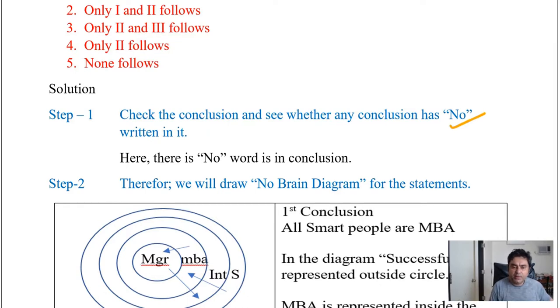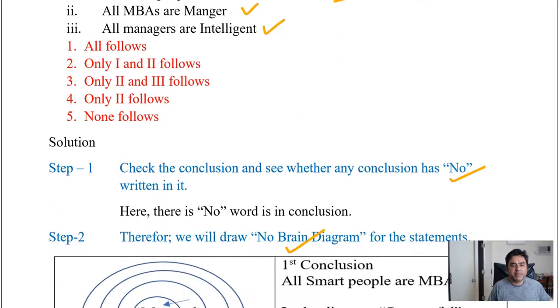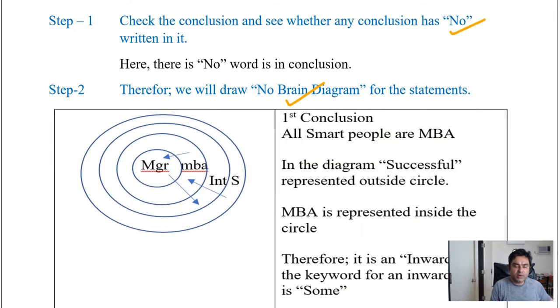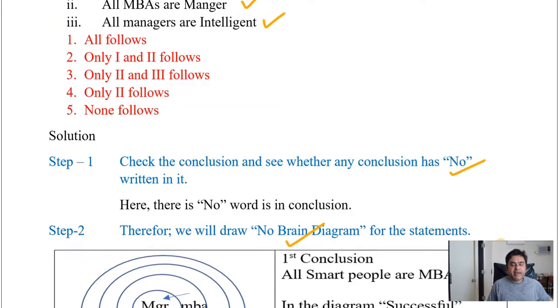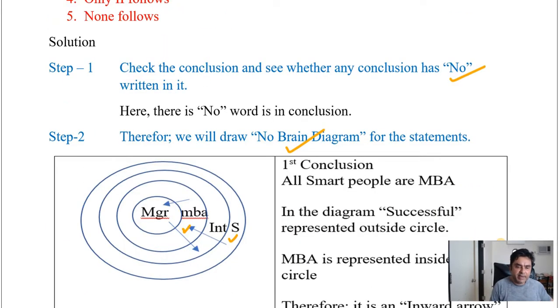So what are the sentences? All smart people are MBA. So MBA and smart people. Then all MBA are manager. And the third is all managers are intelligent.